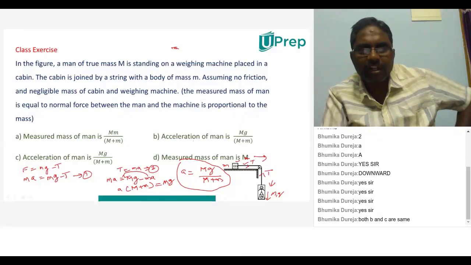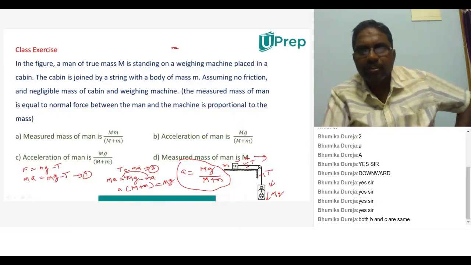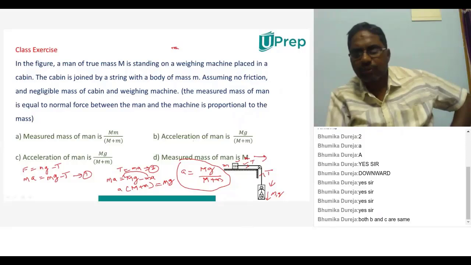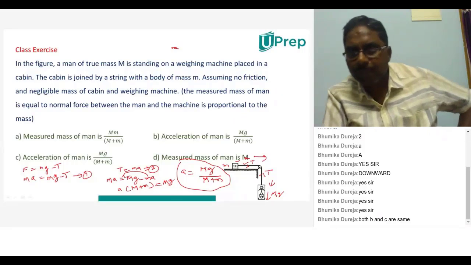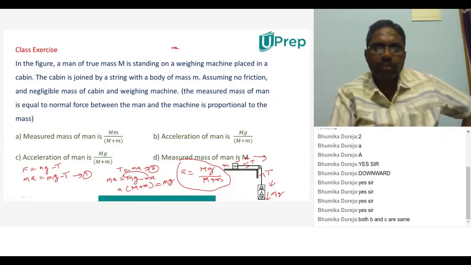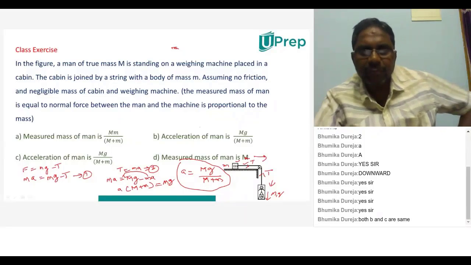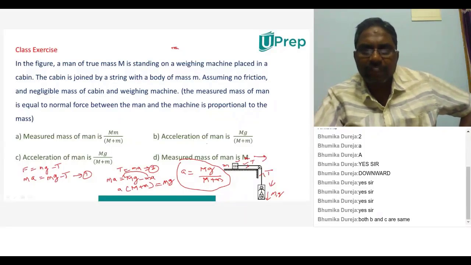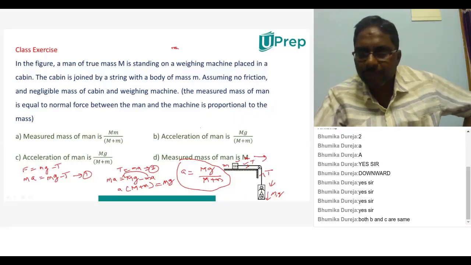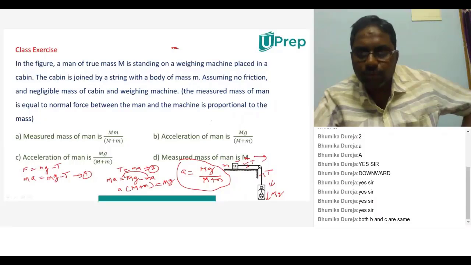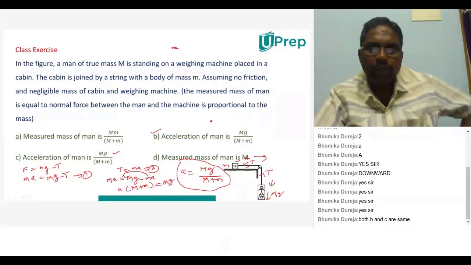B and C are right or wrong? Right, acceleration of man. So you found the acceleration, mg by capital M plus small m. So here B and C actually should be given in a different way, but maybe it is a spelling mistake, and B and C are right according to the writing there. So B is right and C is also right, as you got the same.